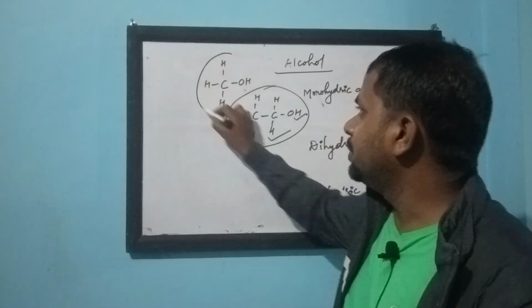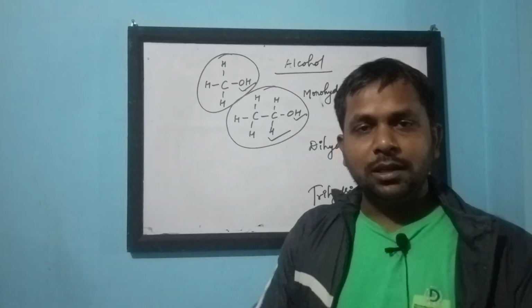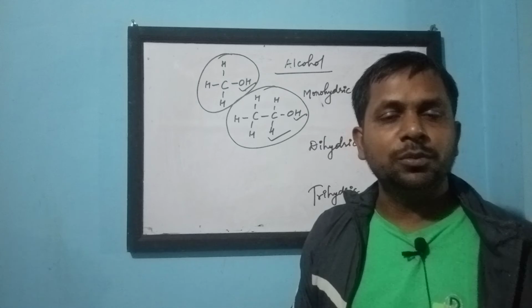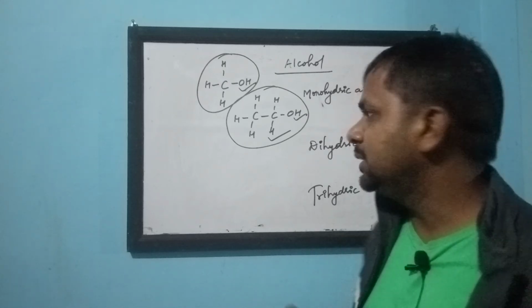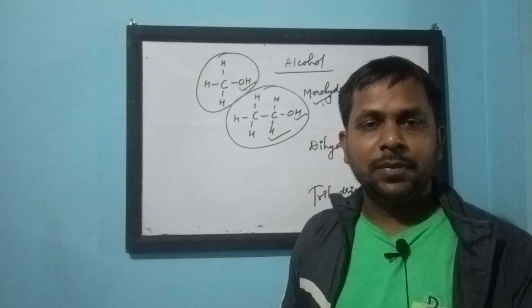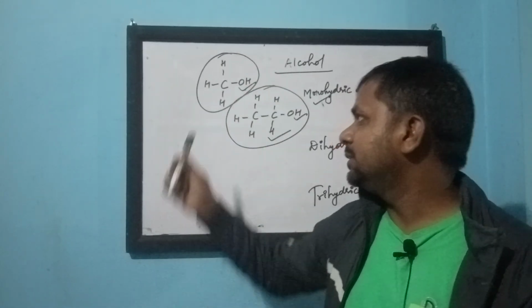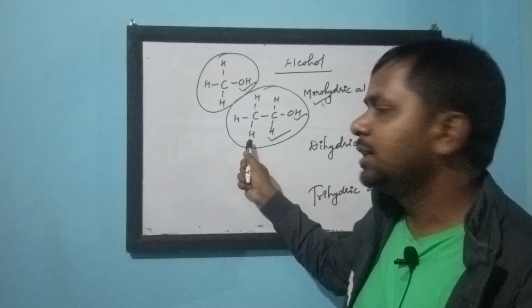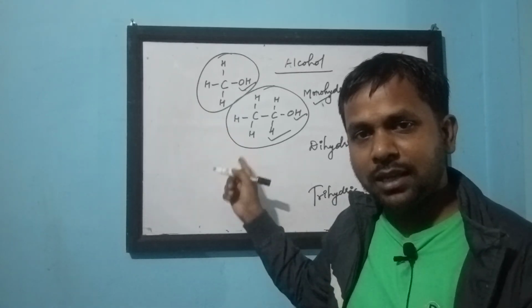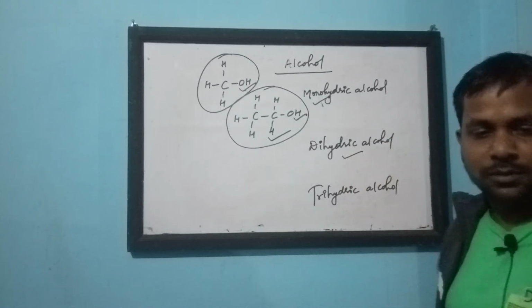When the alcohol contains only one OH group, that type of alcohol is called monohydric alcohol. And we know how to write the name of this alcohol. This is methanol, this is ethanol.